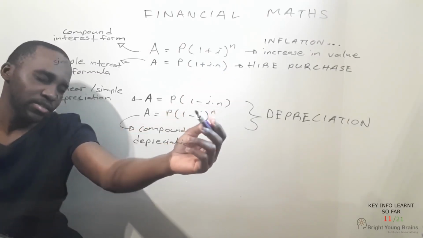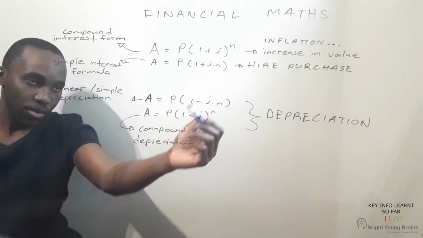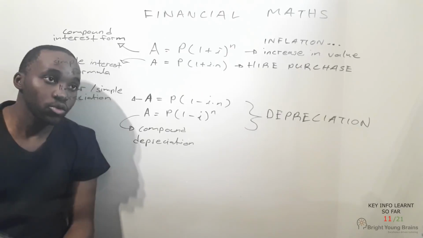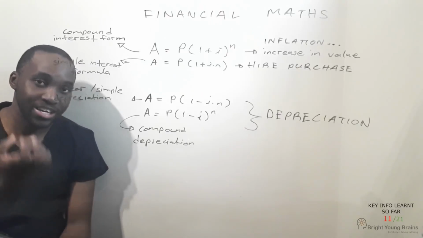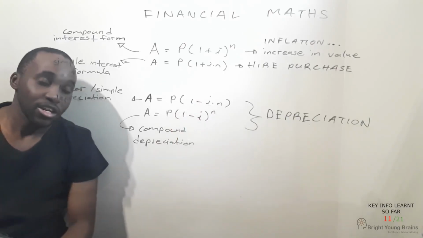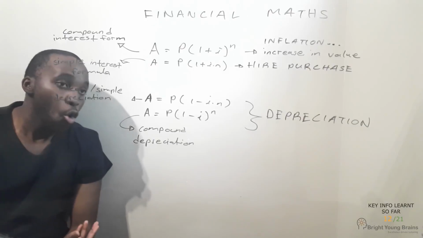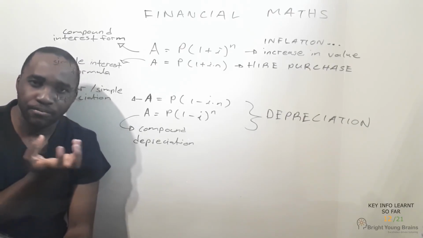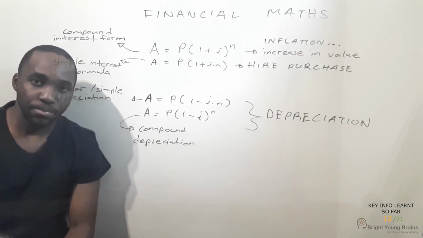These ones have negative symbols in between the 1 and our value for I there. So obviously ones that have a plus there, you use those for questions where something is gaining value. The ones here where you have a negative, you use those for something that is losing value. So this can be actual money losing value, or it can be, let's say, the value in like a car decreasing yearly or something like that.